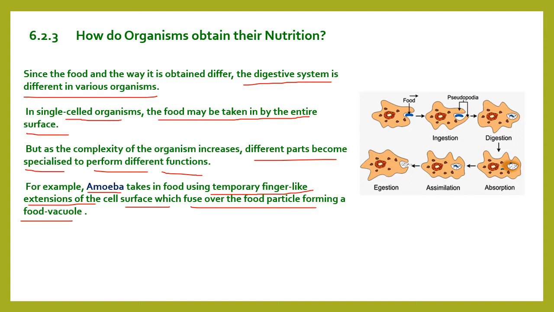Amoeba एक unicellular living organism है that does not have any particular or special body organ to take in the food. बॉडी की सरफेस पर ही जो फिंगर लाइक एक्सटेंशन बनाकर, जैसे सूडोपोडिया हम बोलते हैं, हियर इट इज सूडोपोडिया, वो क्या करता है फूड को एब्जॉर्ब करता है. बॉडी में इटसेल्फ एब्जॉर्प्शन होगा, एसिमिलेशन होगा और एक्स्ट्रा फूड के लिए भी कोई स्पेशल ऑर्गन्स नहीं है अमीबा की बॉडी में.